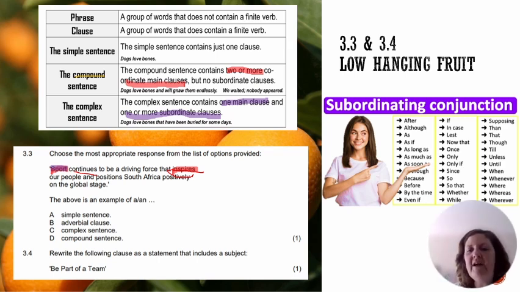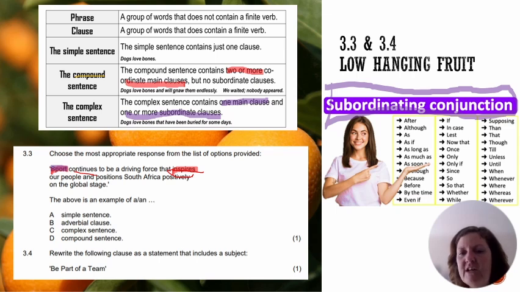Now I want to give you a hack which can sometimes help you. Remember I said that a compound sentence uses a coordinating conjunction, all right? A complex sentence uses a subordinating conjunction. It creates that power relationship. One sentence is below the other. One cannot make sense without the other. And so if a sentence contains two verbs and it contains a subordinating conjunction, then you immediately know that it's a complex sentence.